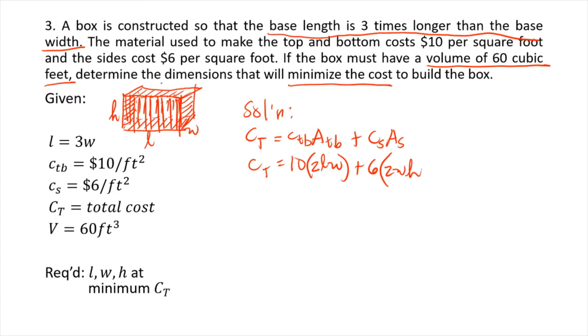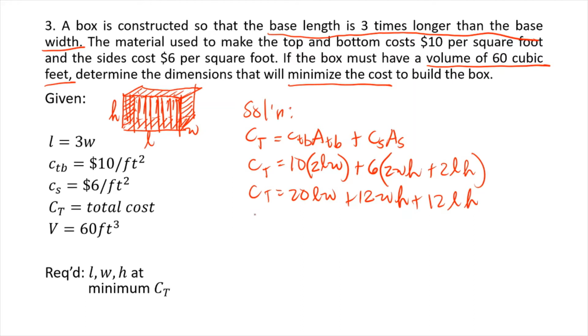You can just imagine the back portion. So the dimensions involved are the length L and the height H. So for one face, L times H, then we have two of them. So plus 2 times L times H. Simplify this further. You have 20 L times W plus 12 W times H plus 12 L times H.